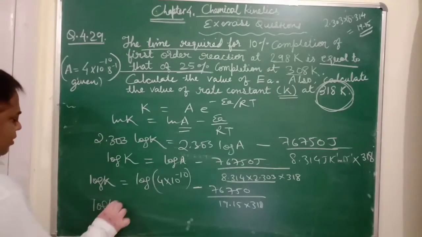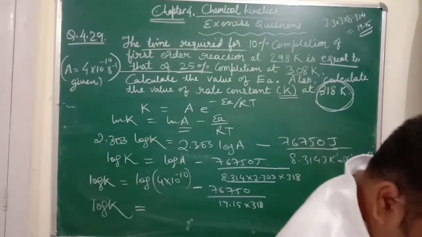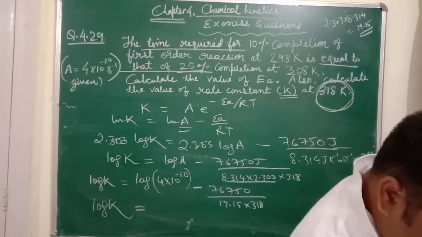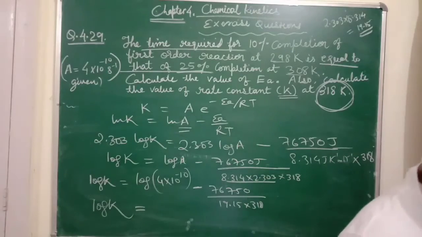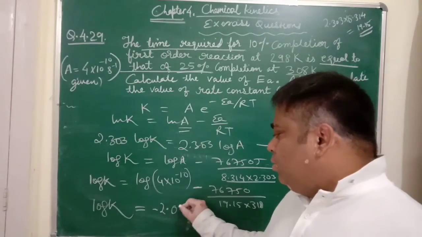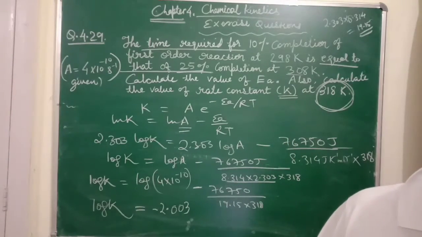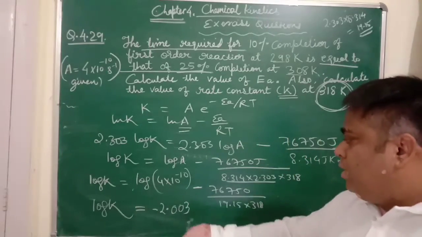So log k will be equal to minus 2.003. If we calculate this much, this will come out.